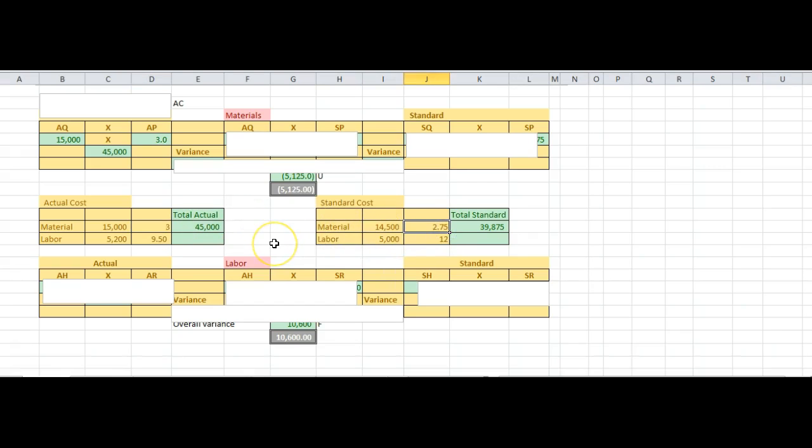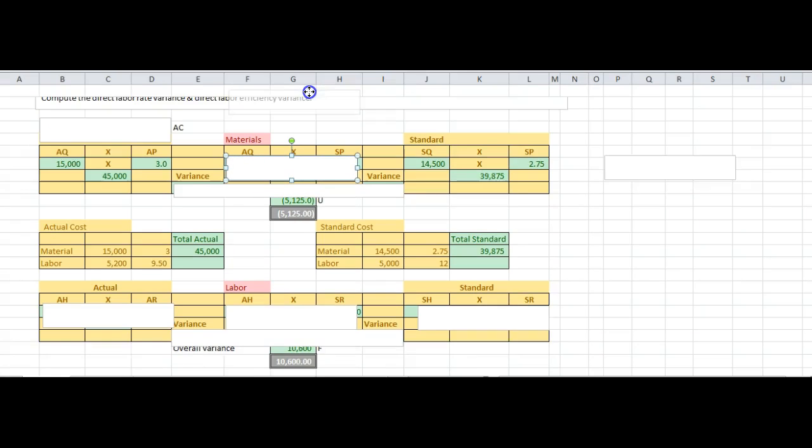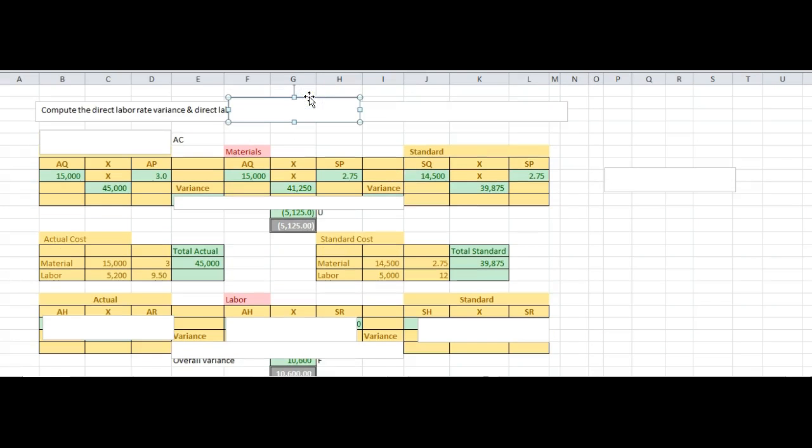So which had the biggest bearing on it? The way to figure that out is to, first of all, fill out the standard. So if I take 14,500 times 275, I come up with this, and this is my unfavorable variance. But now I can tell how much went each way.